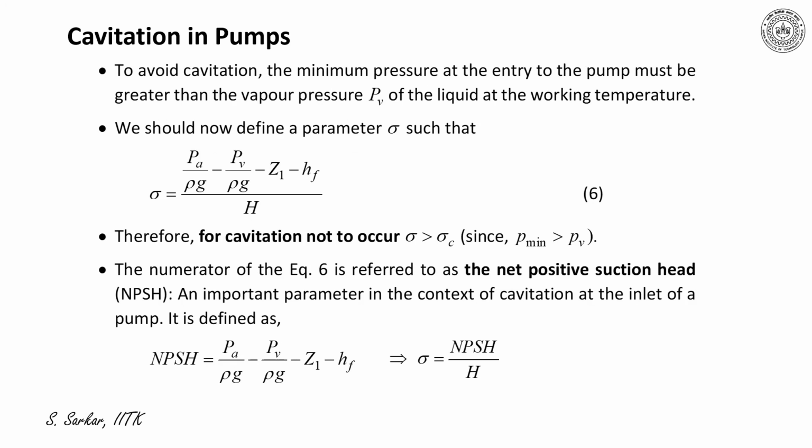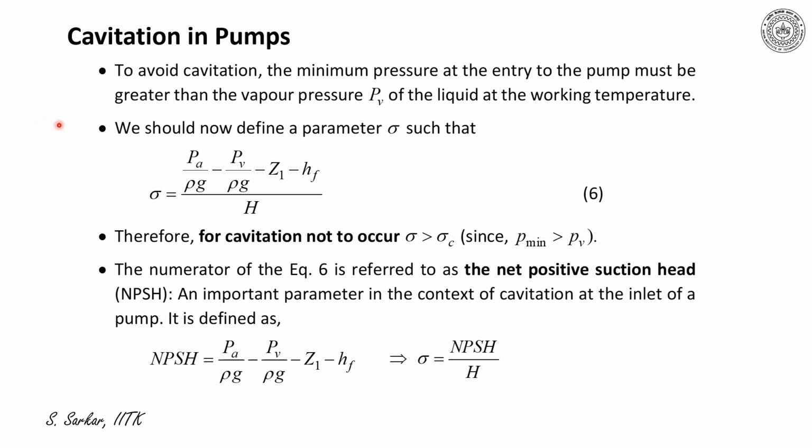We know that to avoid cavitation, the minimum pressure at the entry to the pump must be greater than the vapor pressure PV of the liquid at the working temperature.